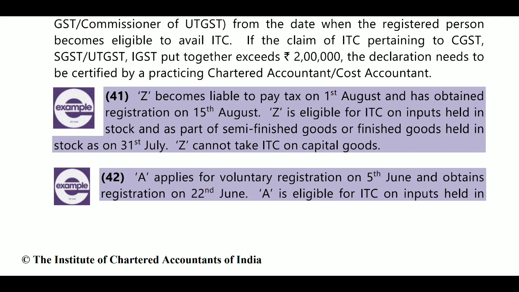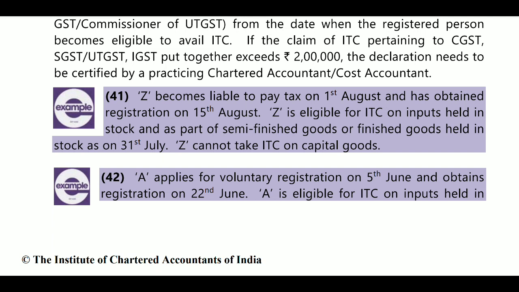From 1st August, the preceding day will be 31st July, and up to 31st July he can claim any inputs that exist as on that date. Next, Z cannot take ITC on capital goods.